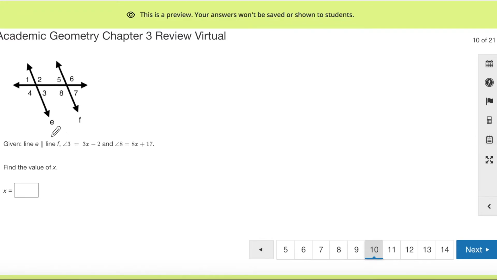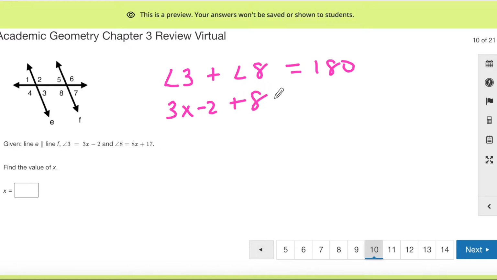All right, line E and line F are parallel, and we have angle 3 is right here, and we have angle 8, which is right next to it. Angle 3 is acute, angle 8 is obtuse. They are consecutive interior angles, and we know if the lines are parallel, the consecutive interior angles are going to add up and equal 180 degrees. So the proper equation is 3x minus 2 plus 8x plus 17 is equal to 180.